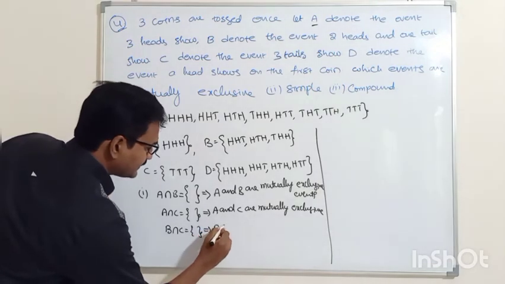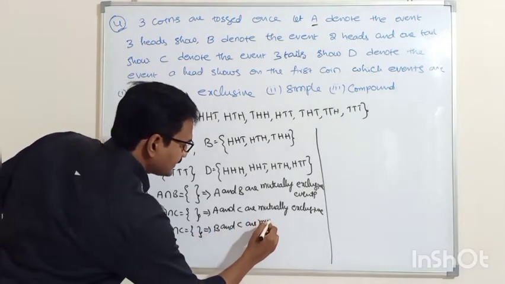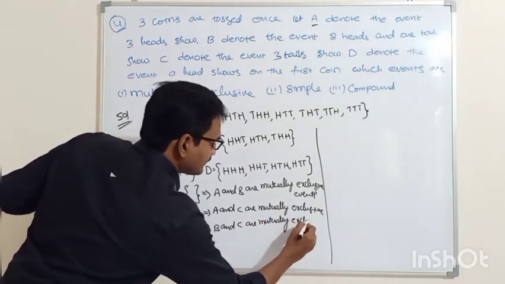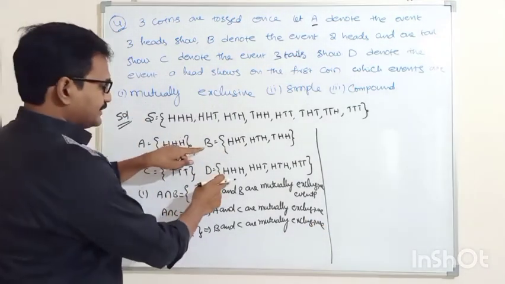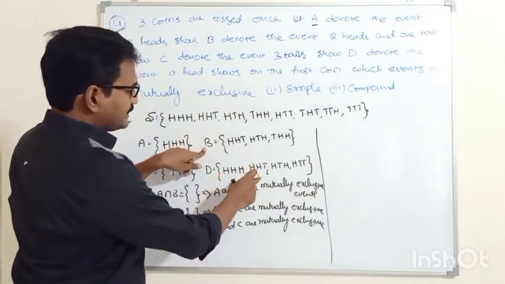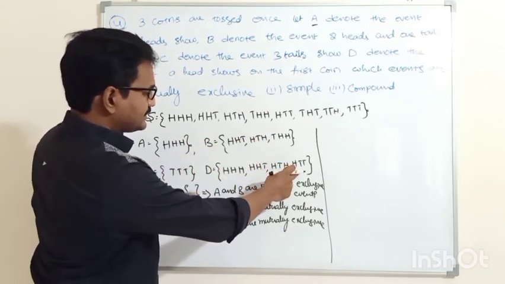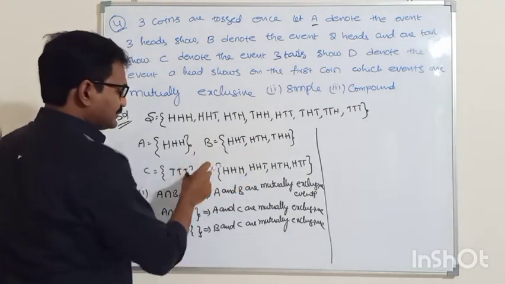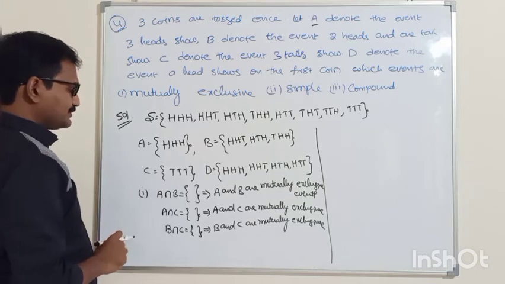Therefore, B and C are mutually exclusive events. Next, B and D. HHT is common, HTH is common, THH is not there. So two sample points are common. Therefore, this is not a null set, and B and D are not mutually exclusive events.